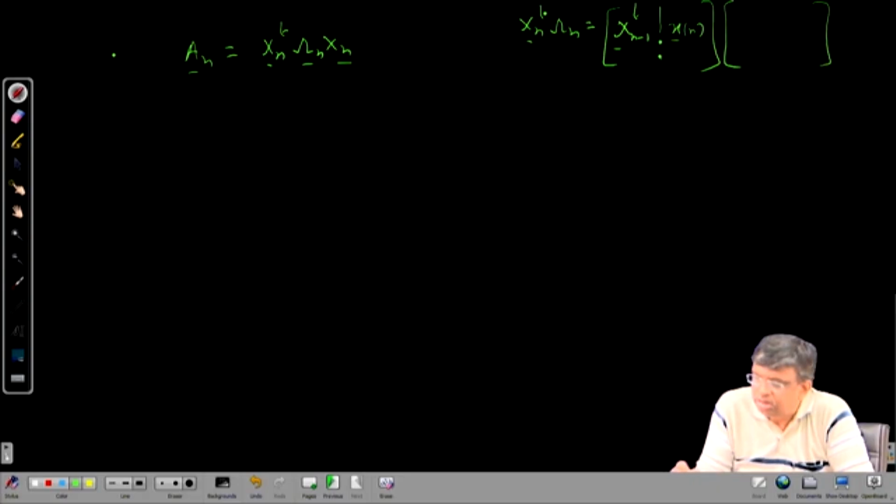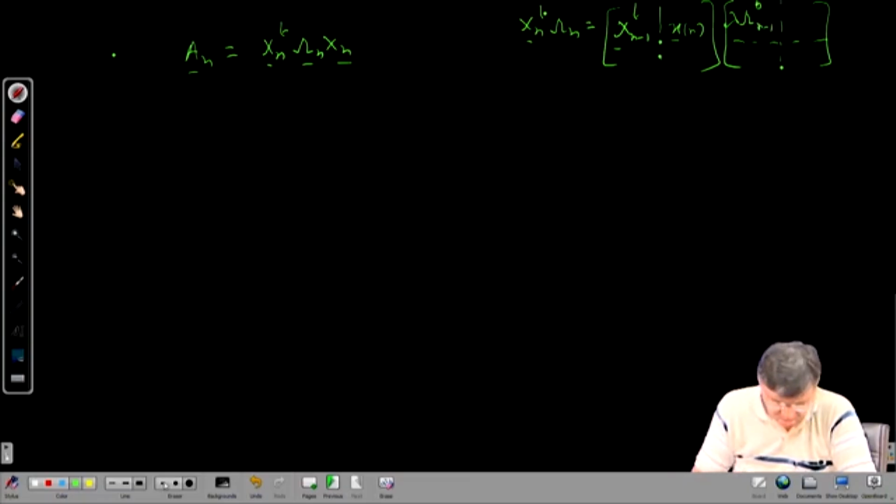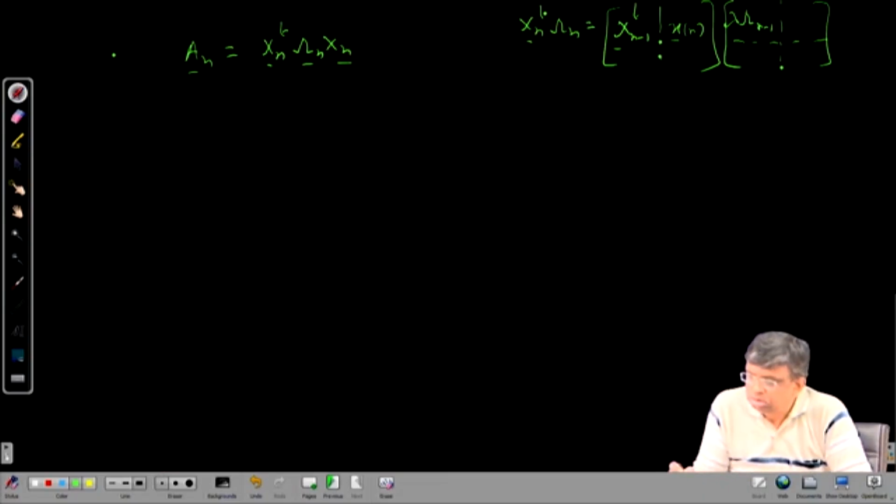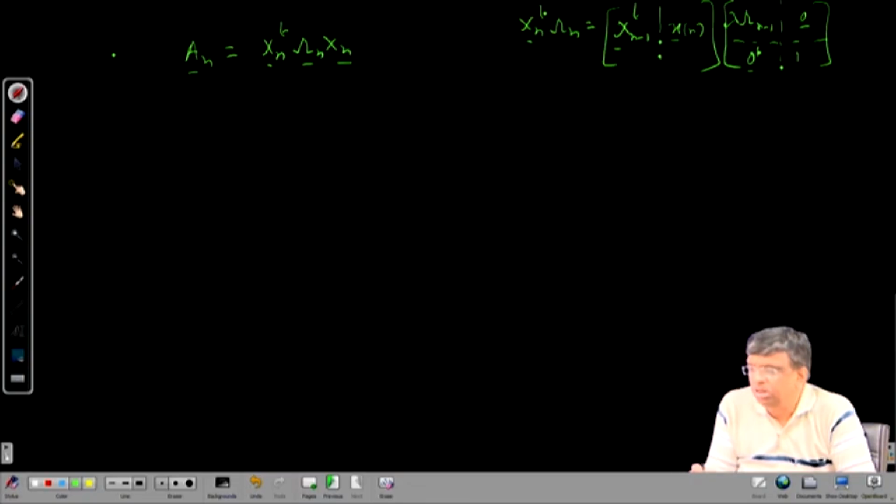and as we have done in the previous page, it was lambda times, sorry, so if you multiply this into this, plus x n column vector into this 0 transpose, which is a row vector, that will give rise to an all 0 matrix.